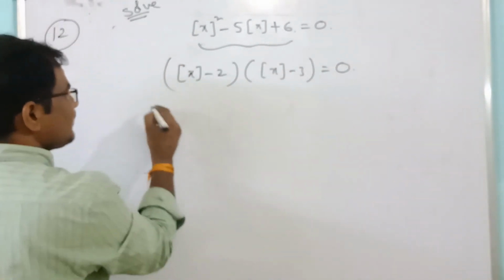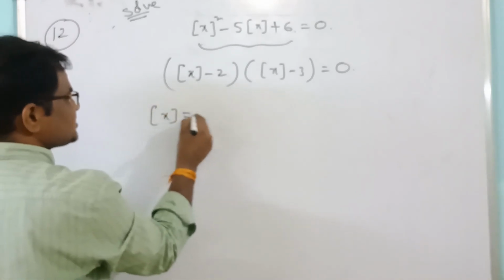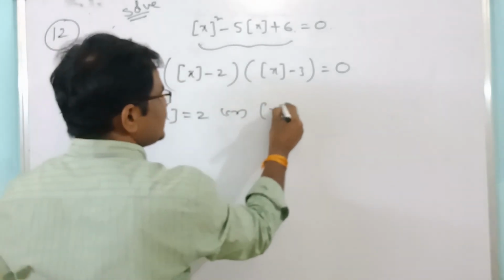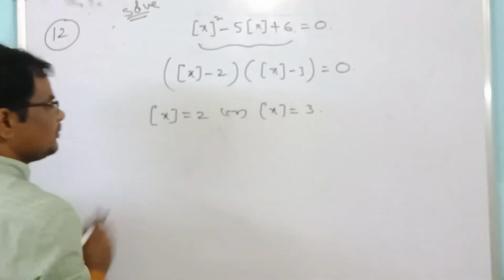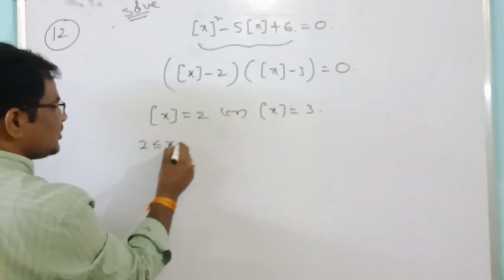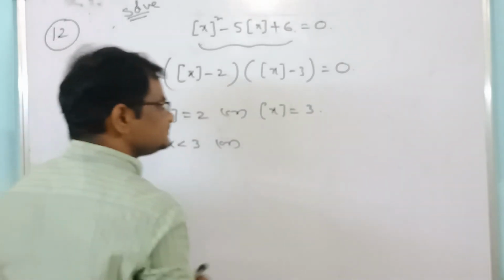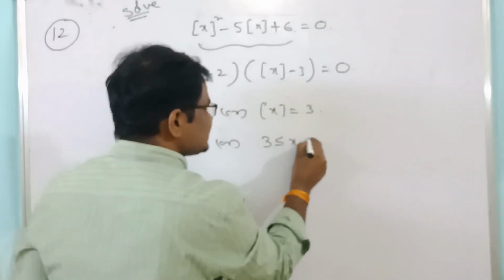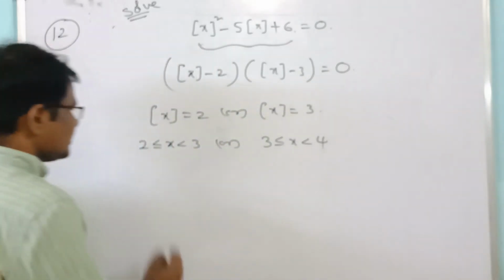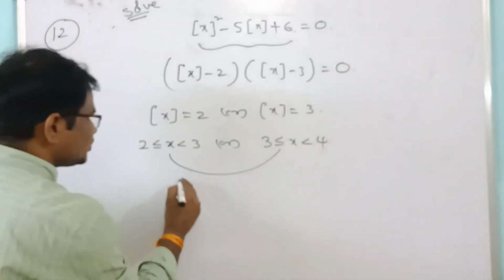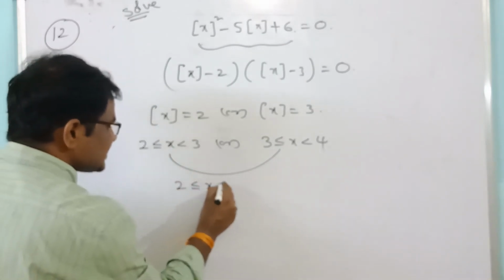Now, the greatest integer function equals 2 or the greatest integer function equals 3. If [x] equals 2, then definitely 2 less than or equal to x less than 3, or 3 less than or equal to x less than 4. Can you write? Now from these two, we write 2 less than or equal to x less than 4.